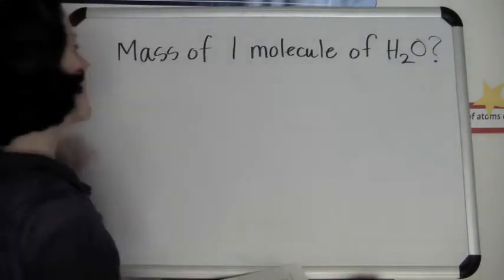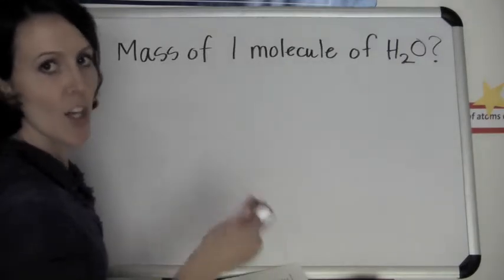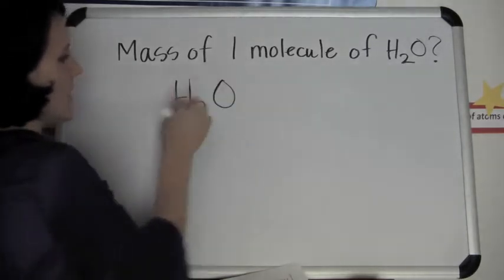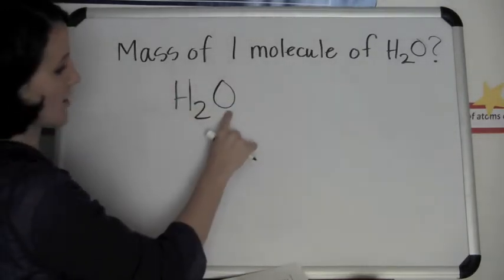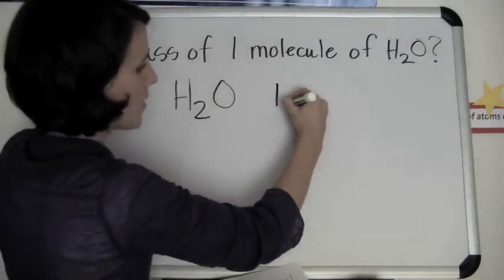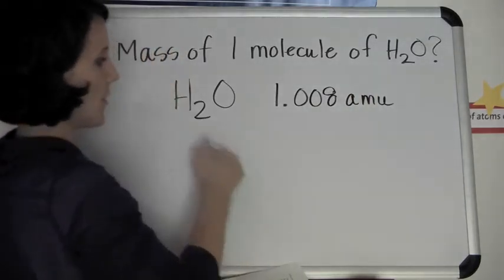Here's another example. The mass of 1 molecule of H2O is what? Look on your periodic table. H2O is made up of 2 hydrogen and 1 oxygen. Hydrogen has a mass of 1.008 AMU, but there's 2 of them.